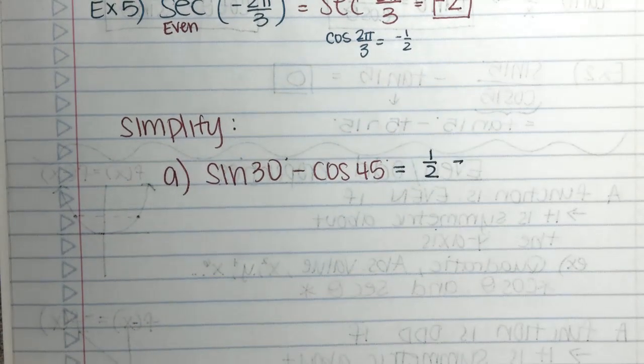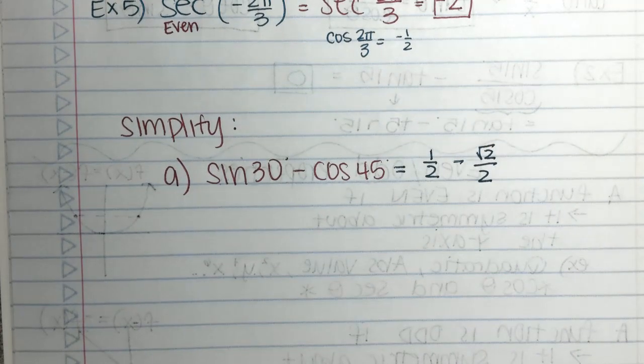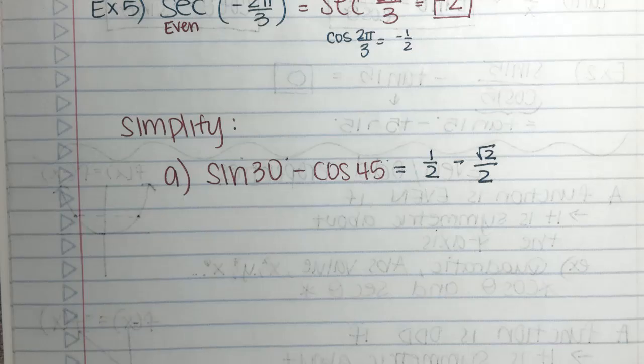Minus, what is the cosine of 45? If you leave it like this, I will count points off. I want one number. That one number just means I need to find a common denominator. If you tell me that is negative root 2, that is wrong.